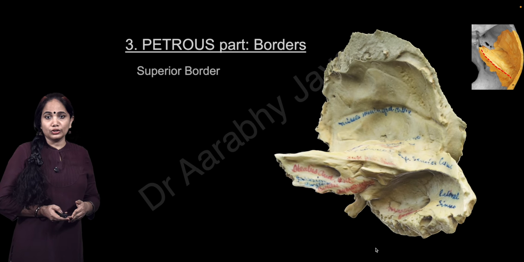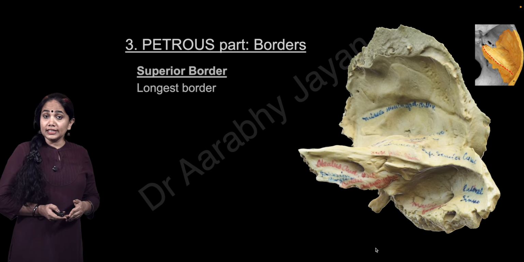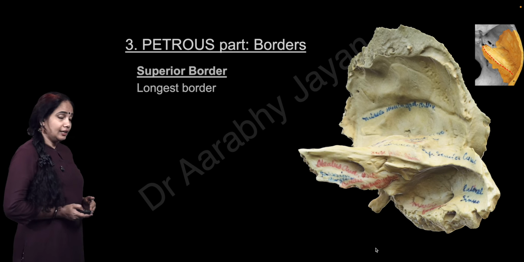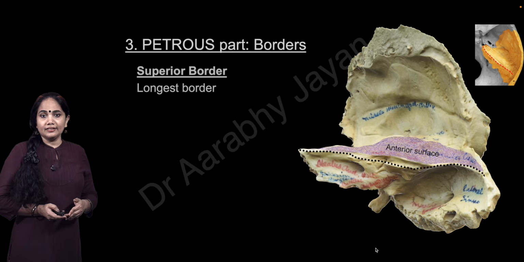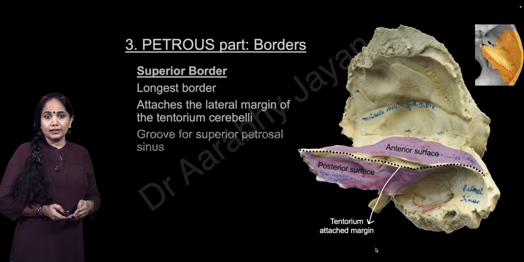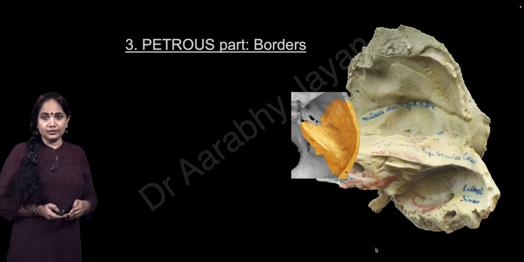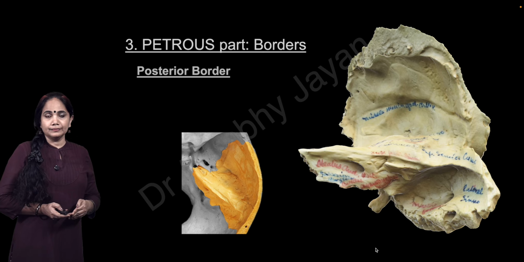Let's go for the superior border now. This is the superior border, which is the longest border of the petrous temporal bone, and it gives attachment to the attached margin of the tentorium. At the attached margin of the tentorium, we also have the groove for the superior petrosal sinus on its way to the sigmoid.